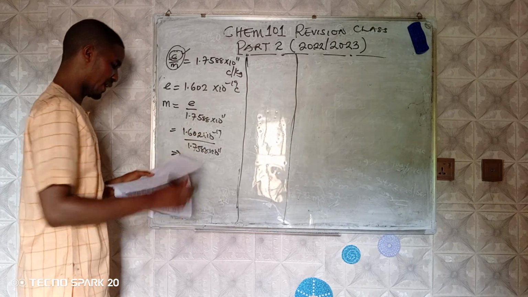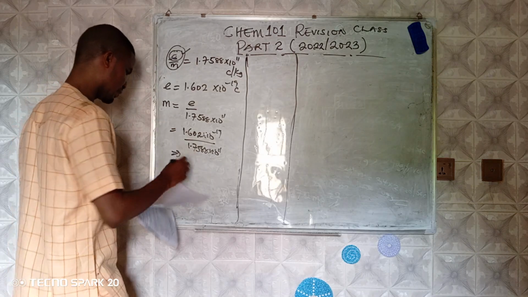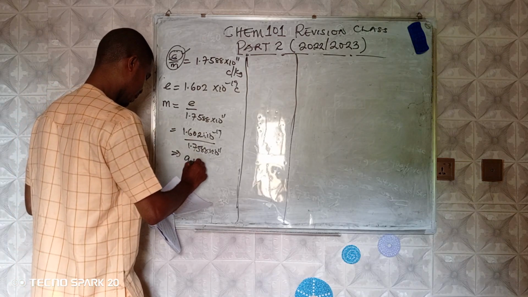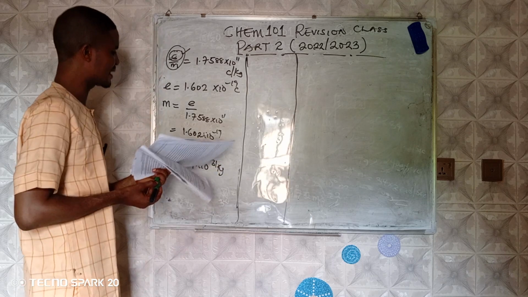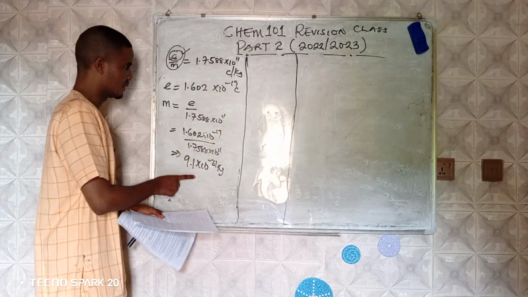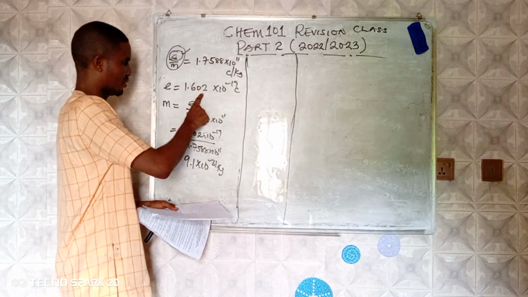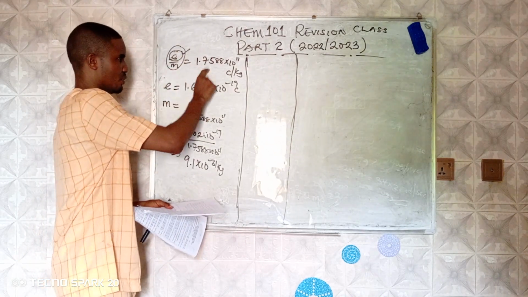This gives 9.1 times 10 raised to power minus 31 kg. This is the mass of an electron, this is the charge on an electron, and this is the charge to mass ratio of an electron.